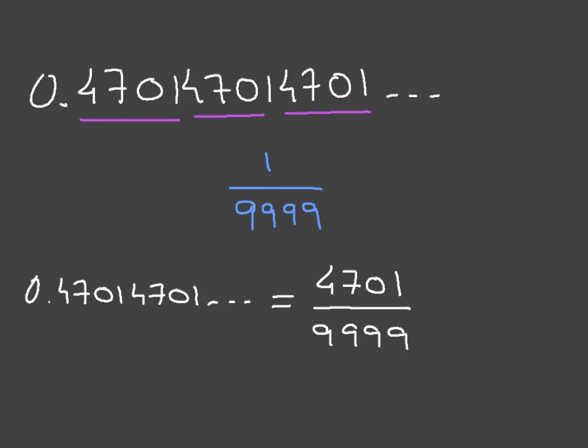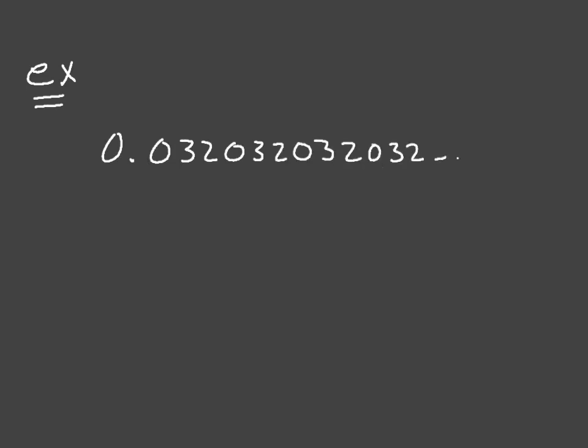Now, I said this would be the last example, but actually there's one more thing I want to show you. A little trick. Let's say we were given this: 0.032, 032, 032, 032, etc. And we're asked to write this recurring decimal as a fraction.